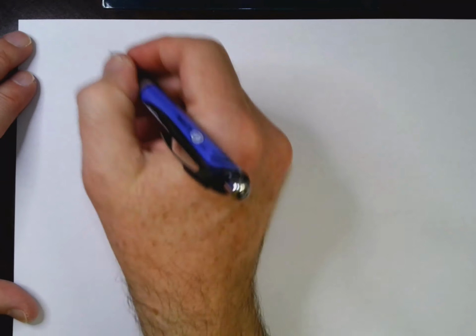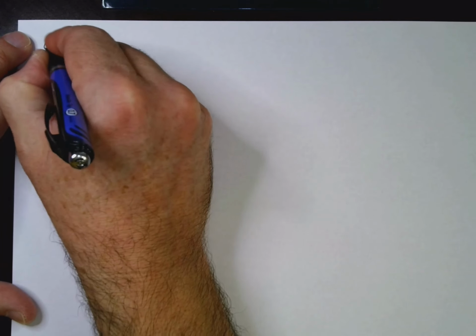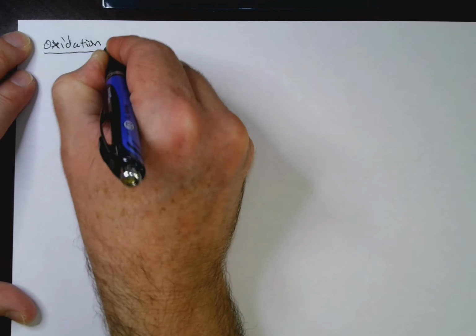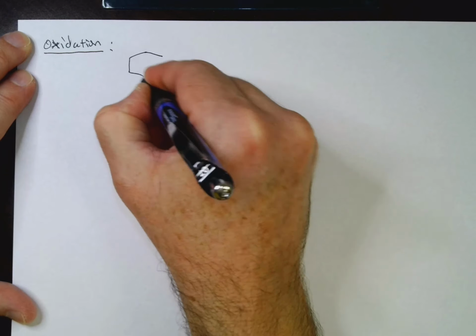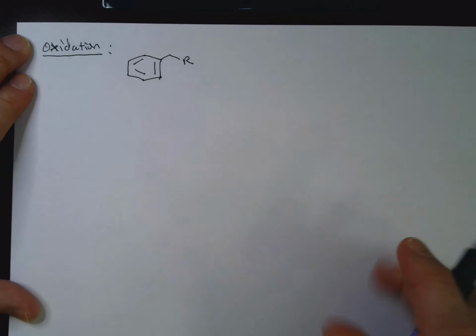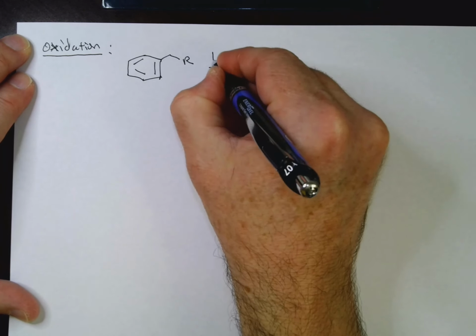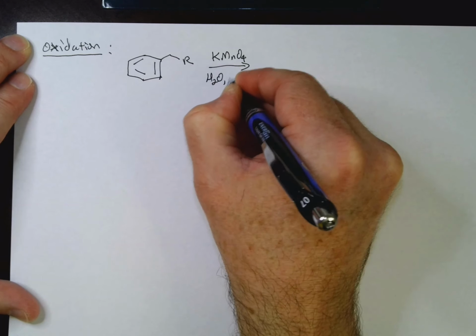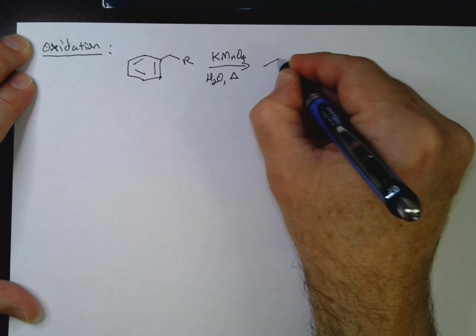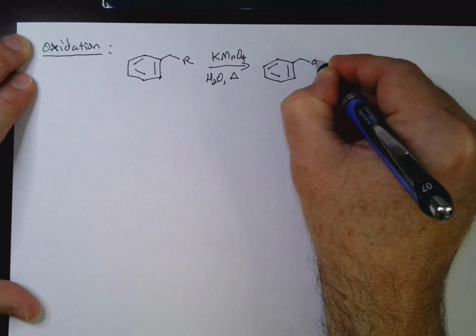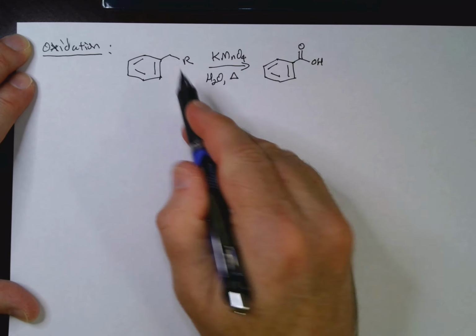Now, those are just reductions. We do have oxidation. Where if we have our alkyl benzene here, if we treat this with KMnO4 in water and heat it up, we will get benzoic acid. It's such a good oxidizing agent that it basically blasts that apart.